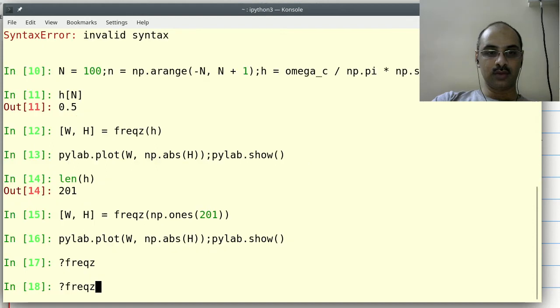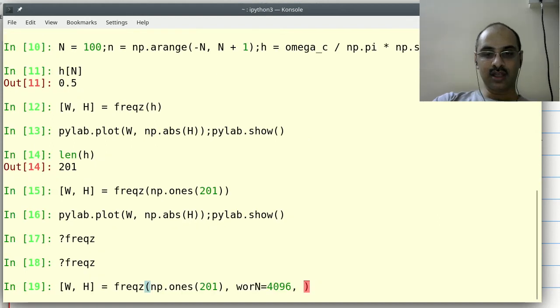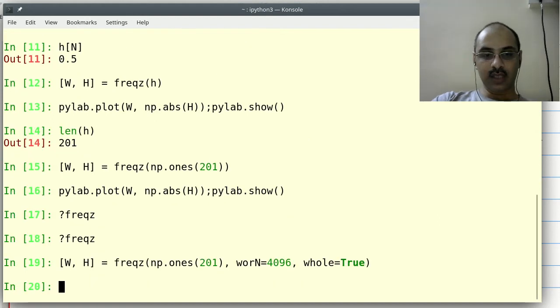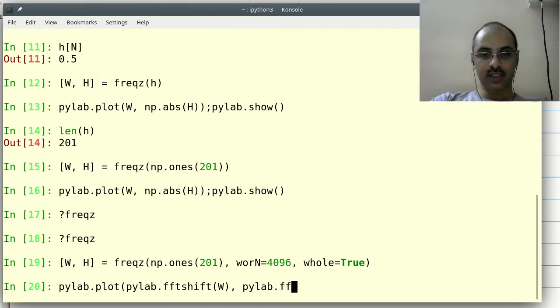Okay, so I'll make it whole, and then I'm going to plot it with the FFT shift so that you see the shifted versions of the frequencies. So this is the plot of the W.